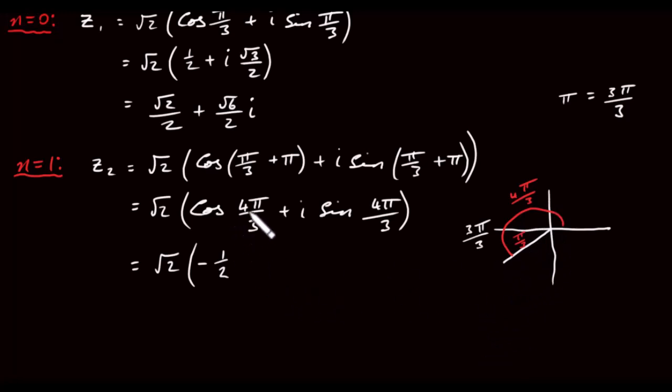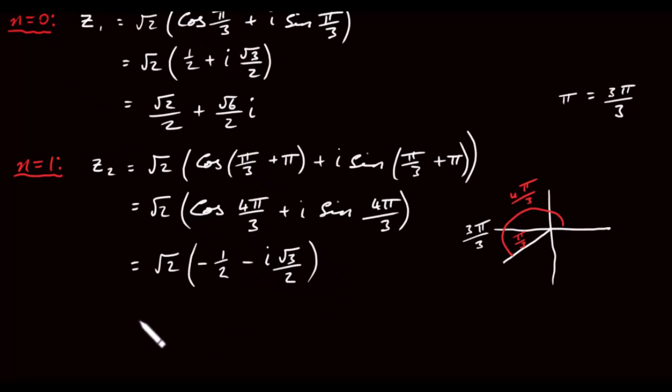So that's our cos 4 pi over 3, and then we have plus I. The sine of 4 pi over 3 is going to be the same as the sine of pi over 3, our reference angle. The sine of pi over 3 is root 3 over 2. So this is just going to be root 3 over 2 here. It's in the third quadrant. Sine is negative in the third quadrant. So this here needs to be a minus.